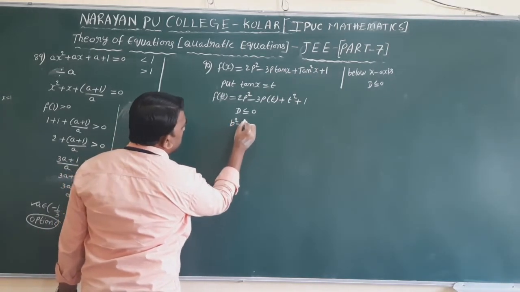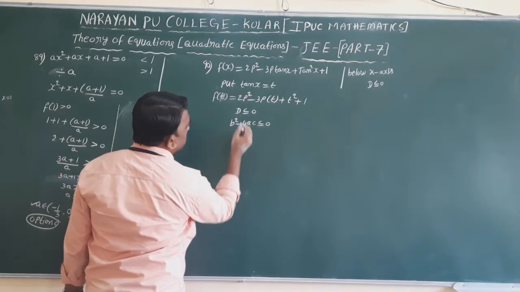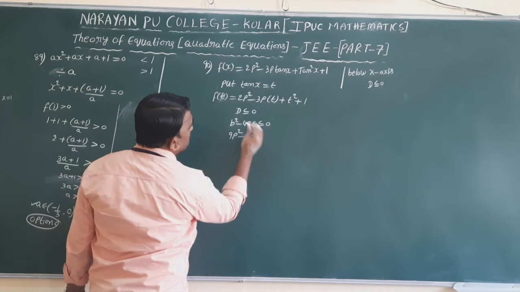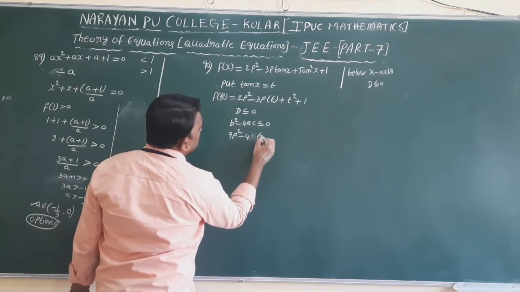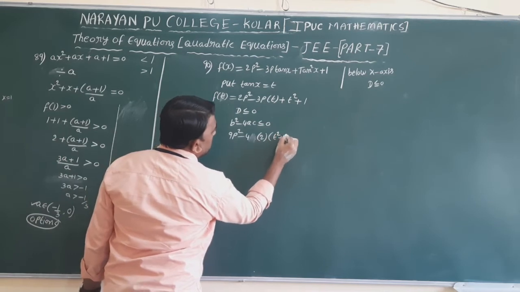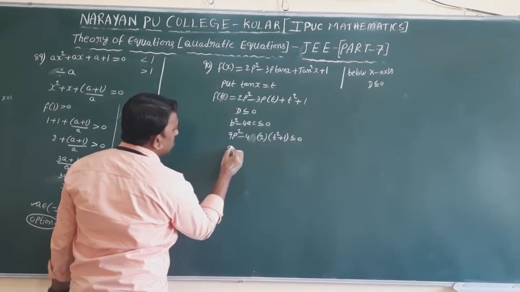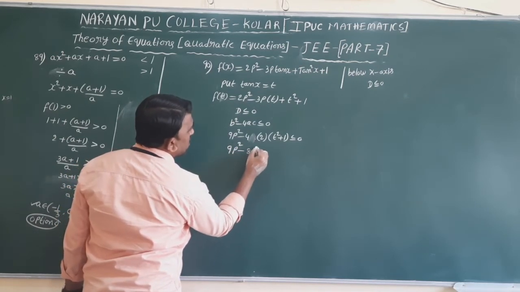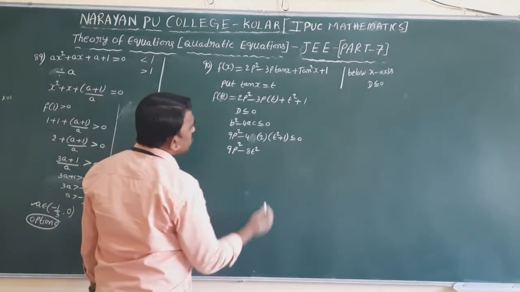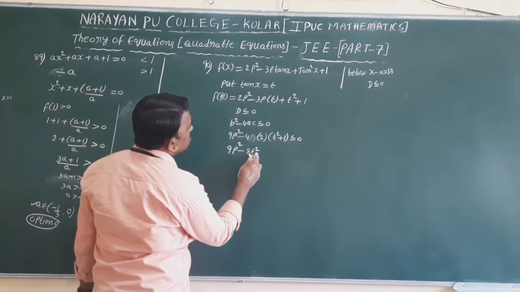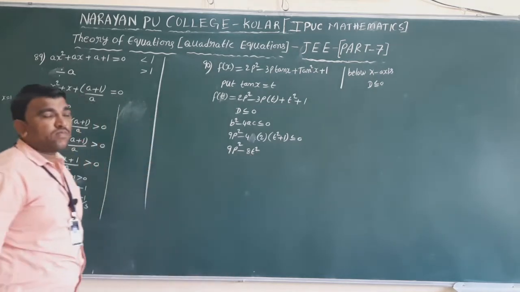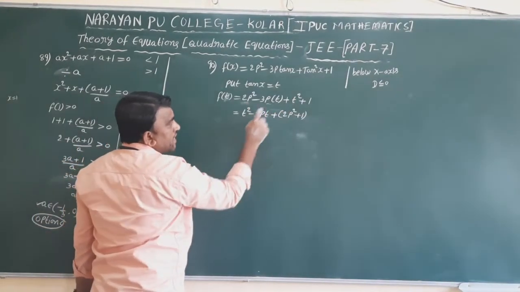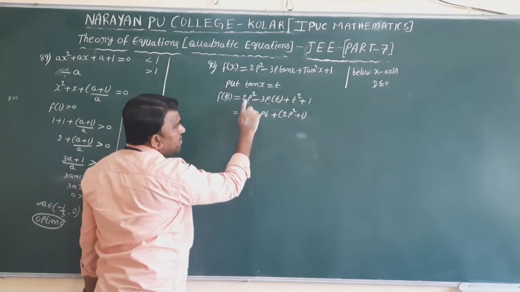Discriminant is b square minus 4ac less than or equal to 0. Small correction: t square minus 3pt plus 2p square plus 1.